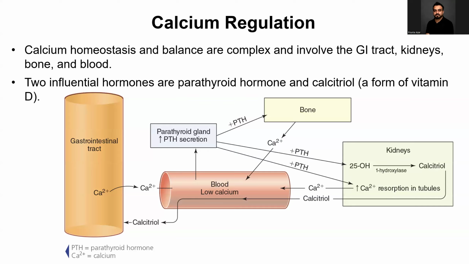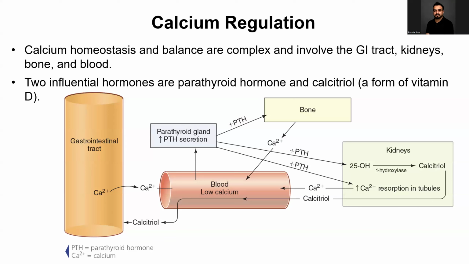Optimal levels of calcium are very crucial and very important. Any changes in blood levels of calcium can cause dire consequences like heart arrest and other serious issues. So we need optimal levels of calcium in the bloodstream.